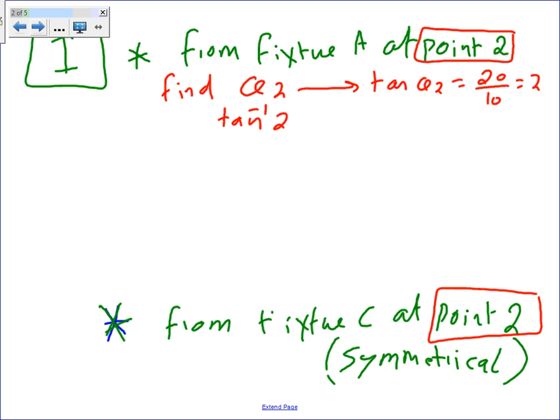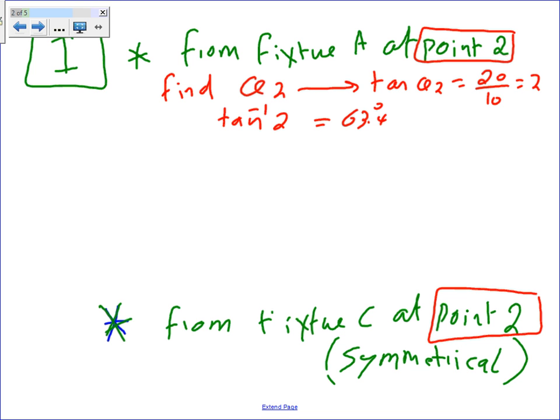Inverse tan 2 equals 63.4 degrees or something like that. Everybody knows how to go inverse tan. You have to have a scientific calculator to get the inverse tan. Okay, so we found the angle.